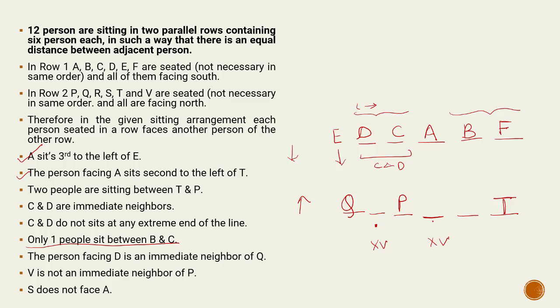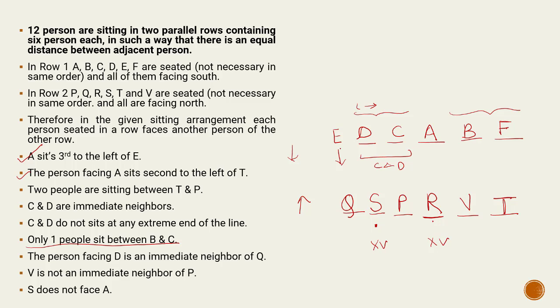The only position I can give to V is this place. S does not face A. So there's only one position left for S now, and the person who will be coming in front of A would be R. So that is our arrangement in 2 rows for these 12 persons.